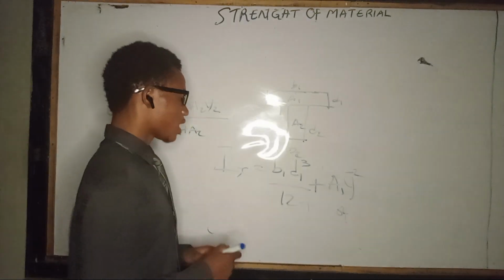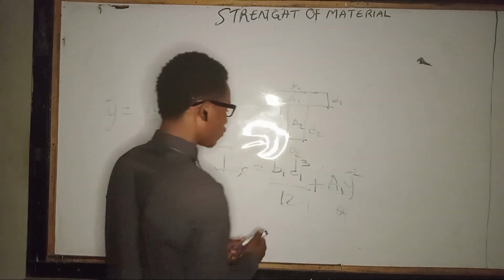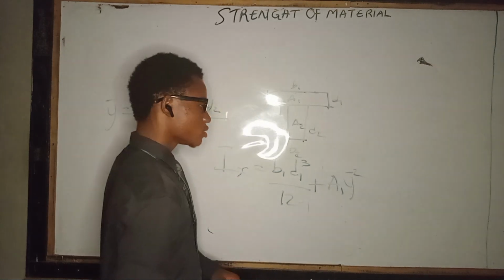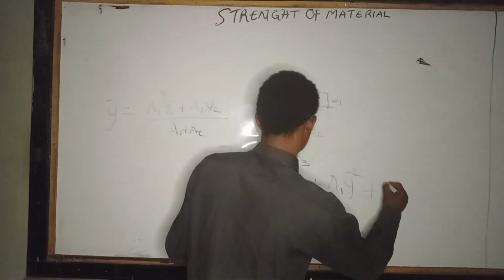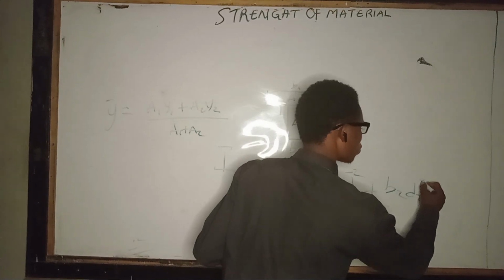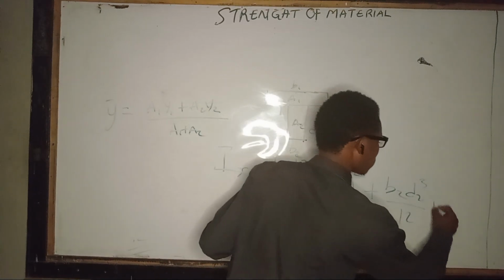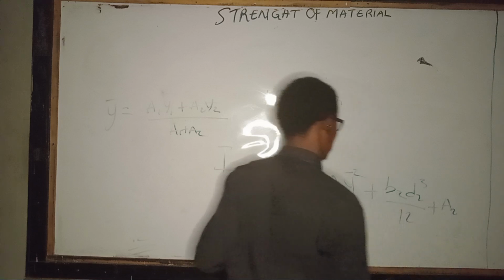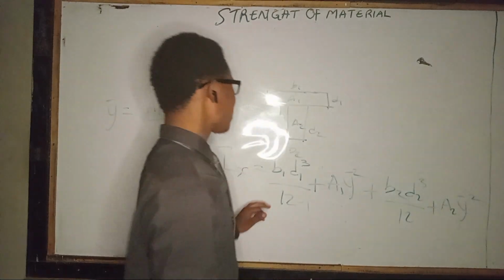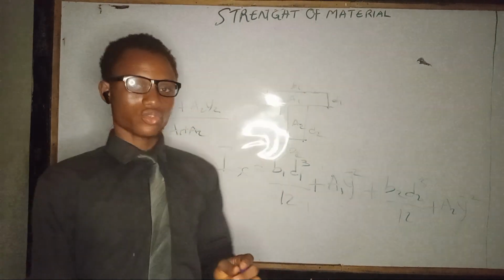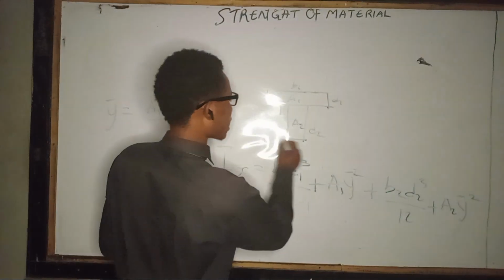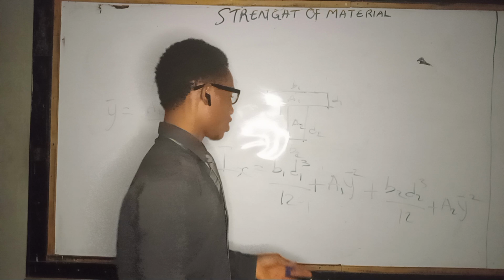So that is the formula: b1 d1 cube over 12 plus a1 y bar square, then plus b2 d2 cube over 12 plus a2 y bar square. Now that is the formula for a T-section, and if it is also like an H section whereby you have an extra third one, you are just going to apply it.